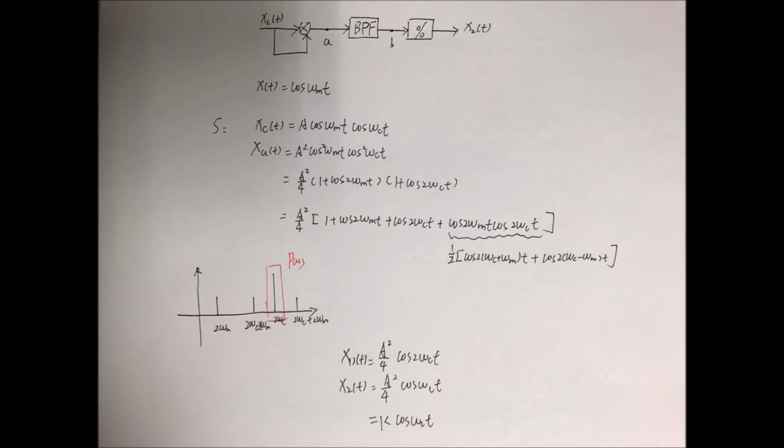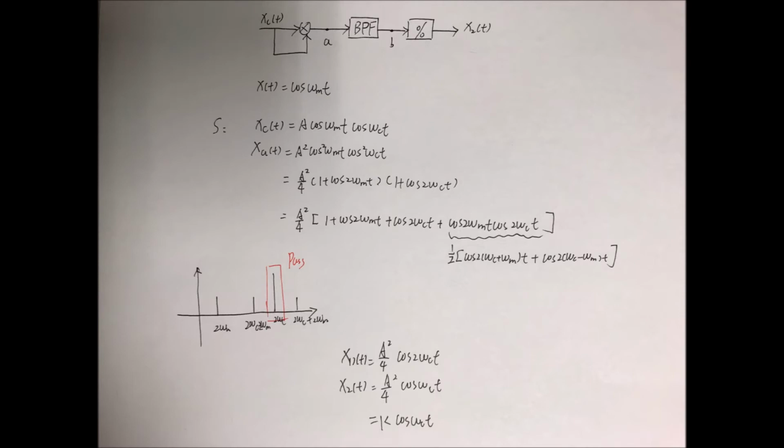Four terms: the DC component, 2 times omega m t, 2 times omega c t, and the cross term. Those two are already the simplest version. I only want to show what's going on for the cross term.